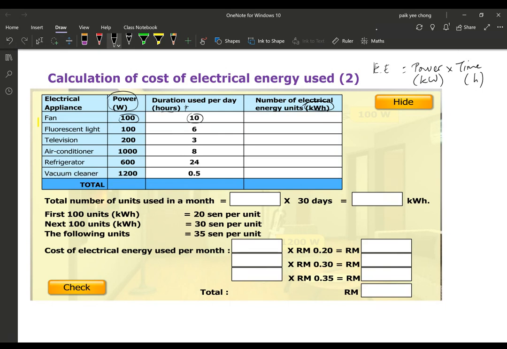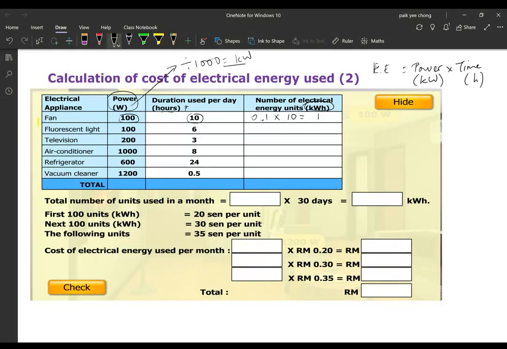You always divide by 1000 if you want the answer in kilowatt. So 100 divided by 1000 is 0.1, times 10 hours. This will be 1 kilowatt hour.